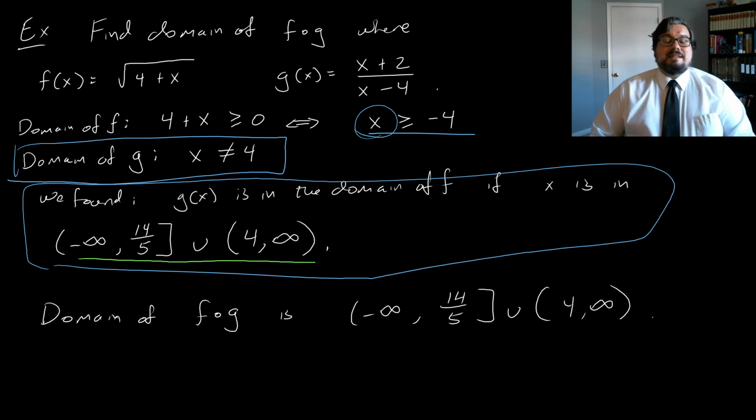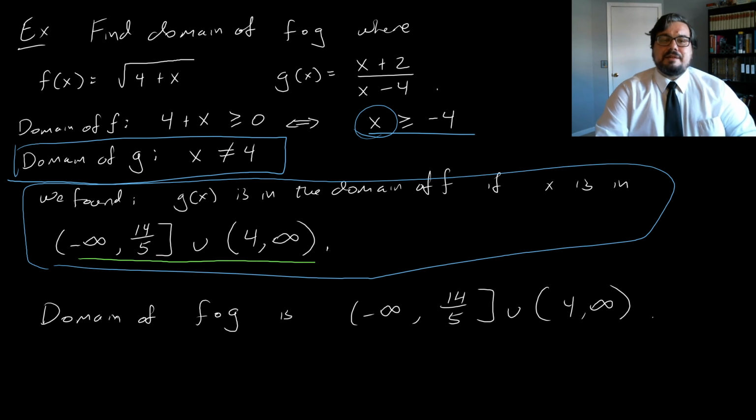Now, as this example shows, finding the domain can sometimes be a bit of a process and can often use some of the algebraic techniques that we've looked at previous times.